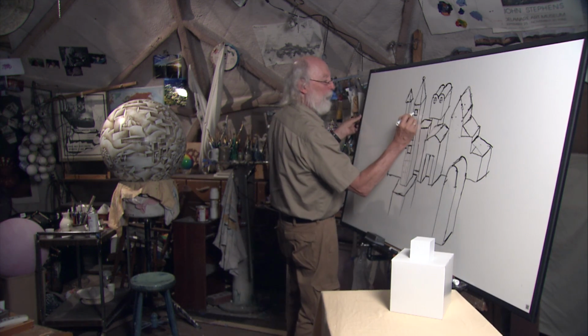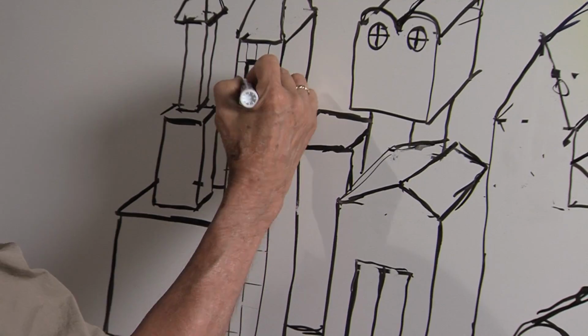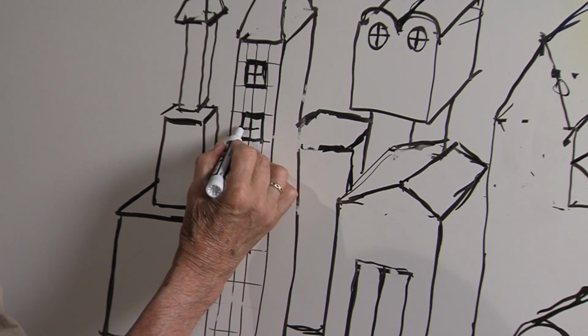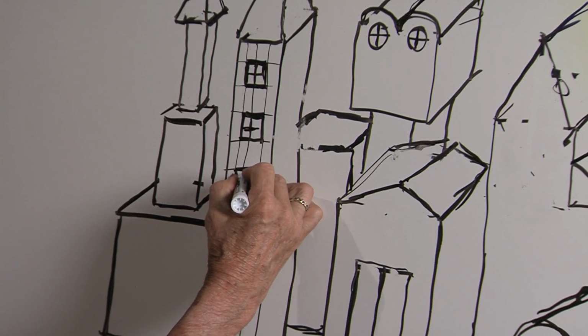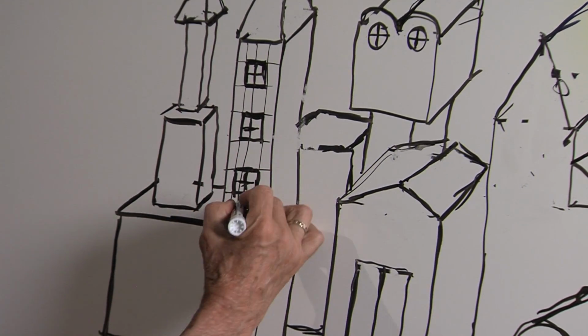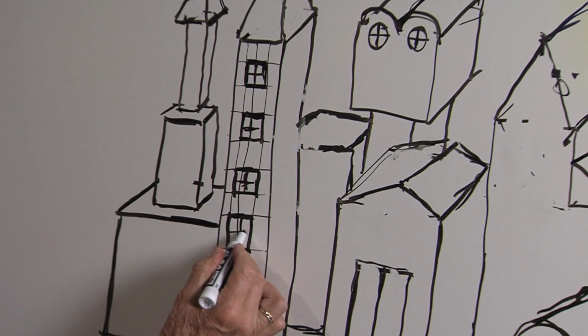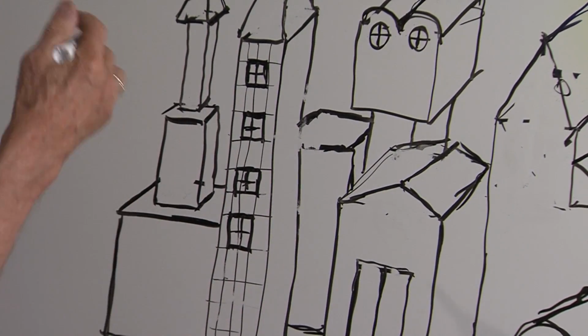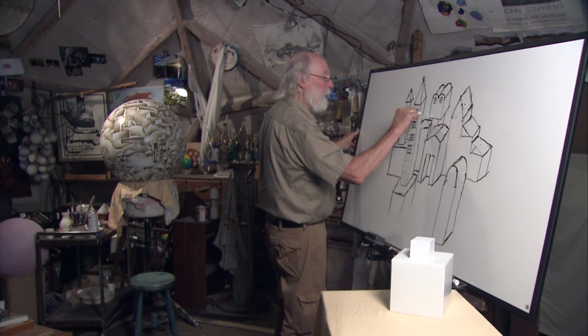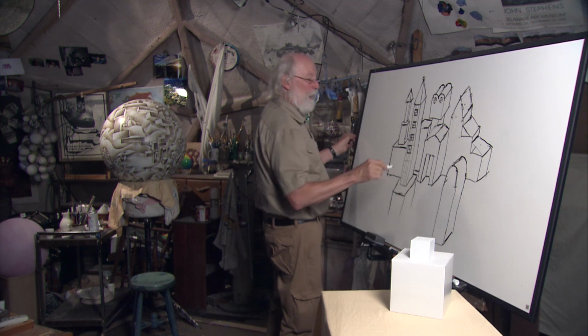Okay, so maybe we'll add another line in here. I'm going to shift it over a little bit to get it to fit my windows. Okay, so there's some possible windows there. And kind of smudge that a little bit.